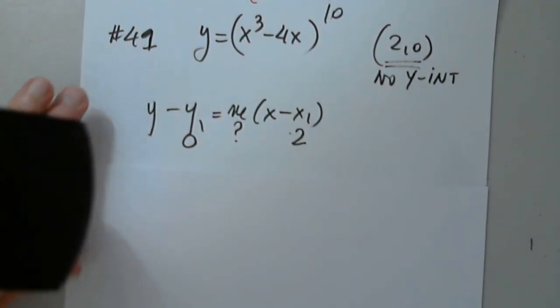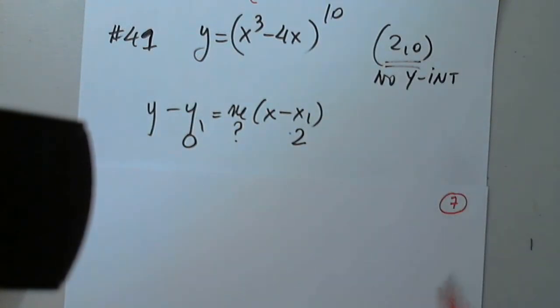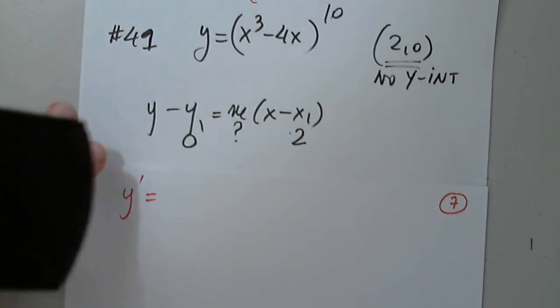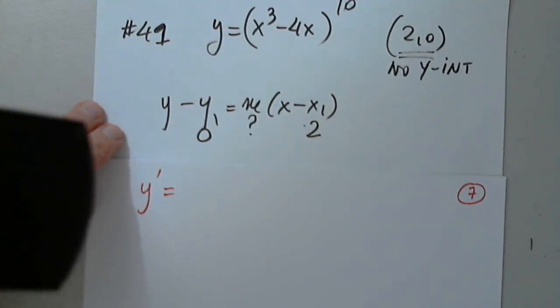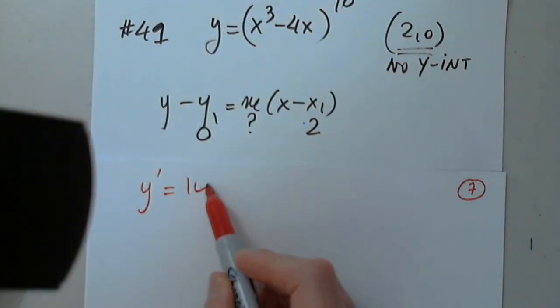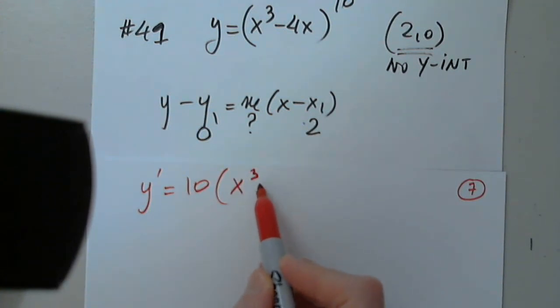Any questions so far? So can anyone help with y prime other than Brandon? Anyone? Does it start with a 10 and then your parentheses and your exponent is 9? Yes.